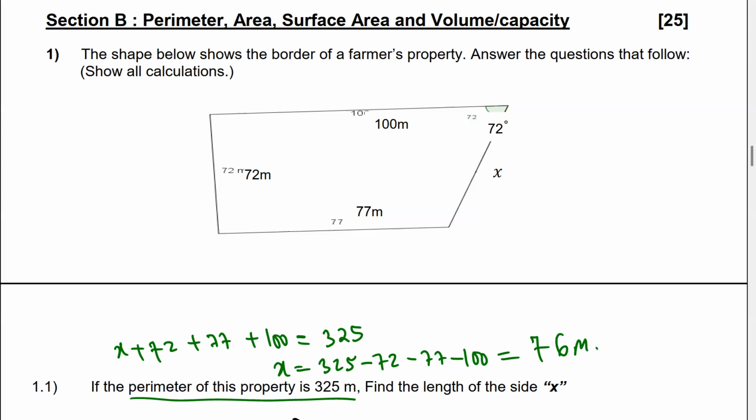Because it's not the angles. X is a side. It's not an angle. So if it was an angle, it was going to add up to 360. Angles add up to 360, not the sides. You know? Yes, sir.